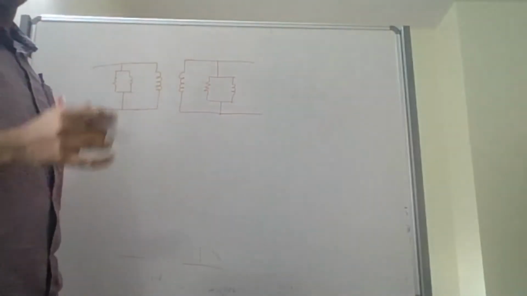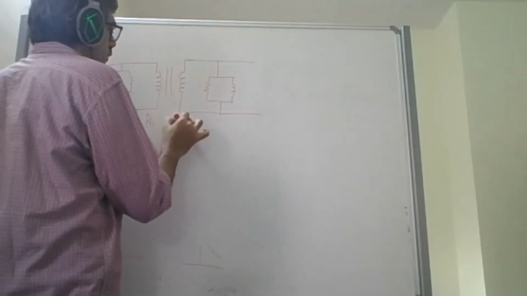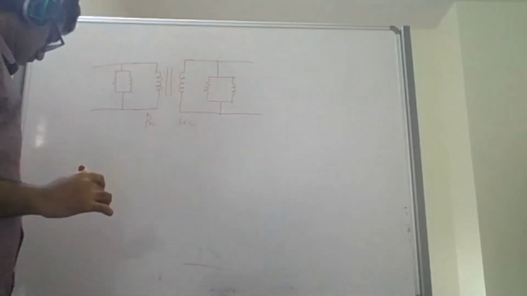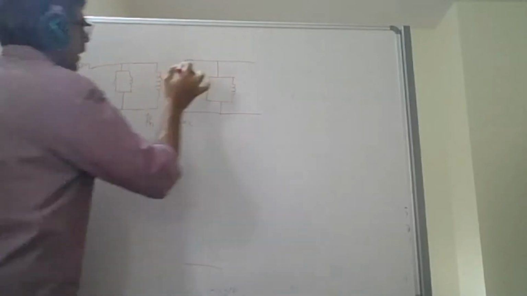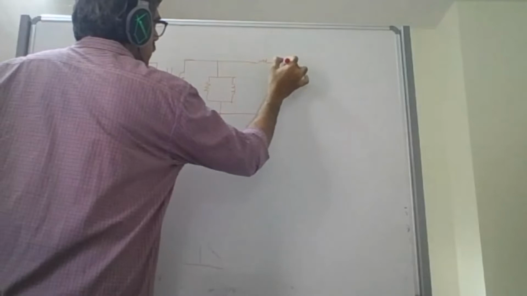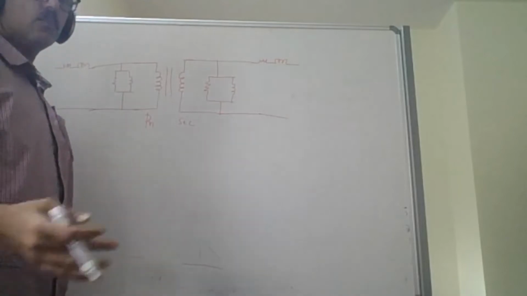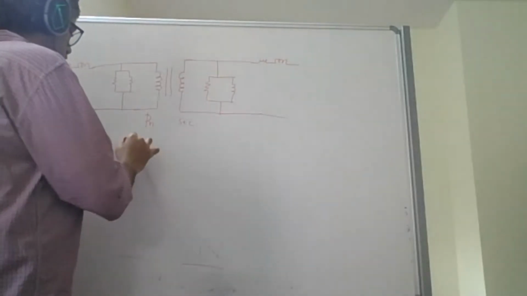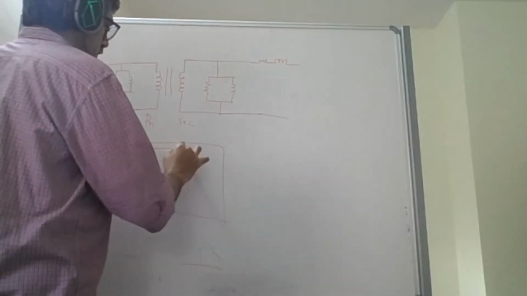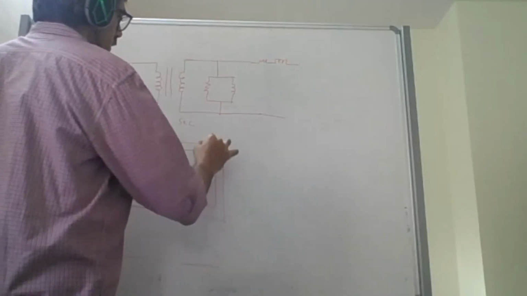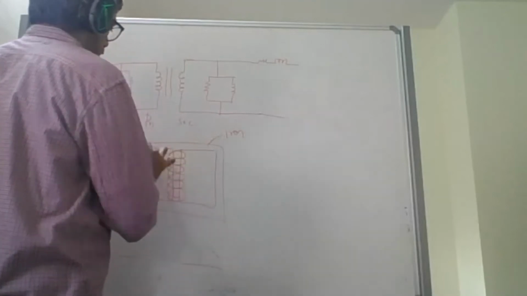If you go to the equivalent circuit of the transformer, I have my primary winding, I have my secondary, then I have my leakage reactance, all those things. Now, what is your transformer made of basically? It is basically iron, and then I have my windings, right?